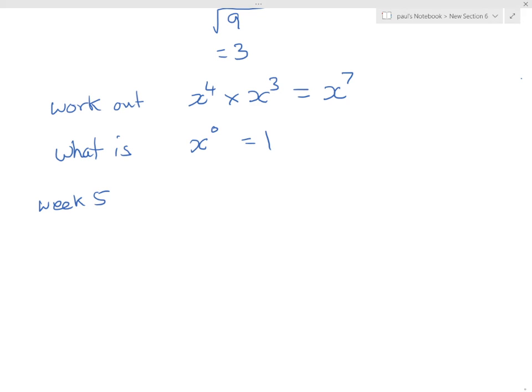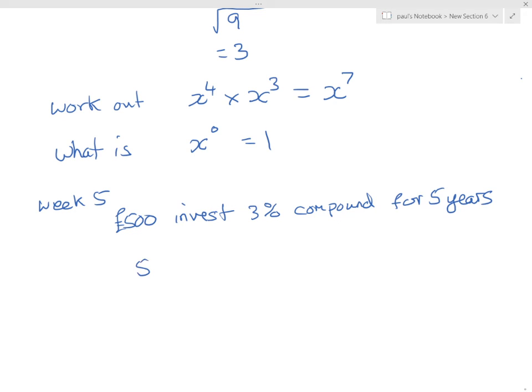Right, so you're going to invest £500 at 3% compound. We did it both ways, didn't we, in class? For 5 years. So how much have we got at the end? So we do 500 times 1.03. 1 is the 100%, which represents the 500. 0.03 is the 3%.